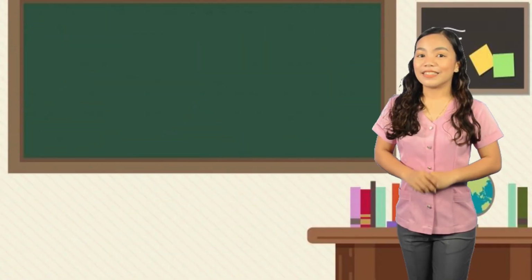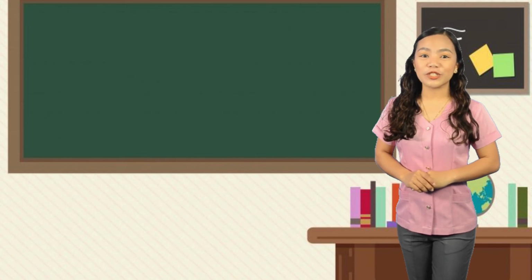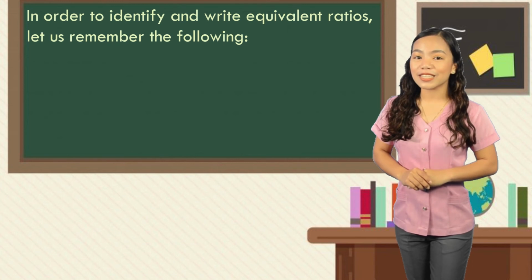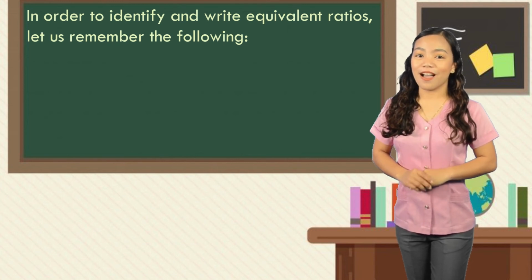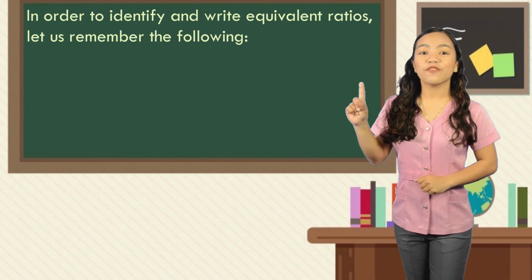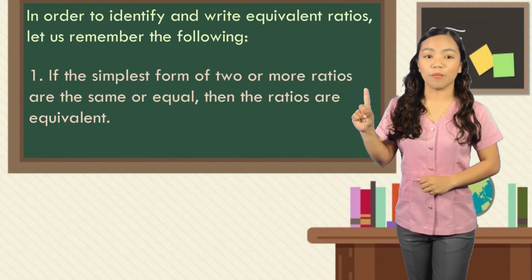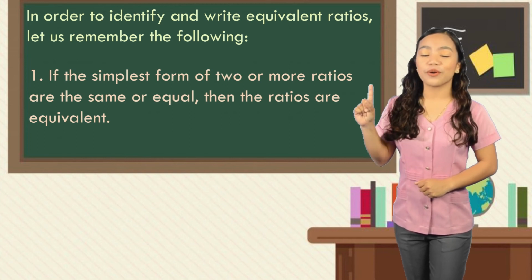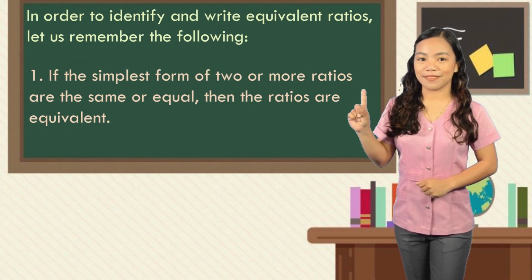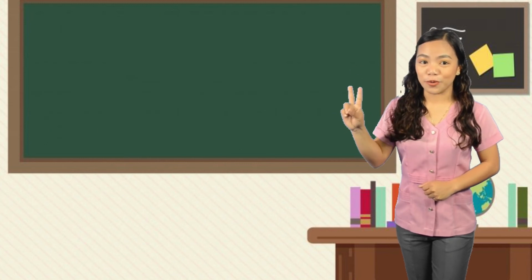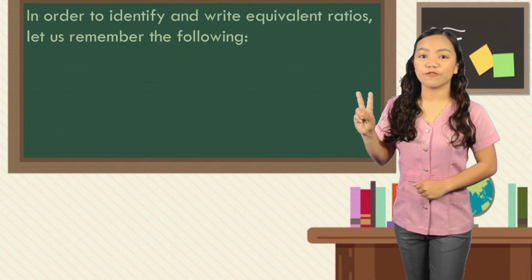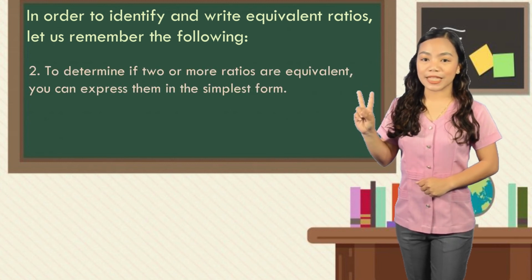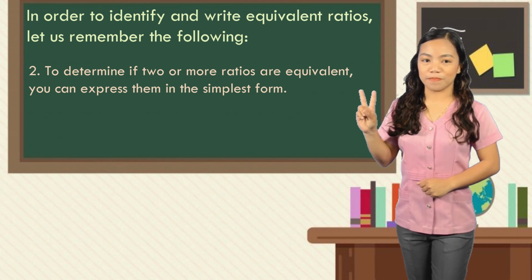Congratulations! Let us take note that in order to identify and write equivalent ratios, let us remember the following. Number 1. If the simplest forms of 2 or more ratios are the same or equal, then the ratios are equivalent. Number 2. To determine if 2 or more ratios are equivalent, you can express them in the simplest form.